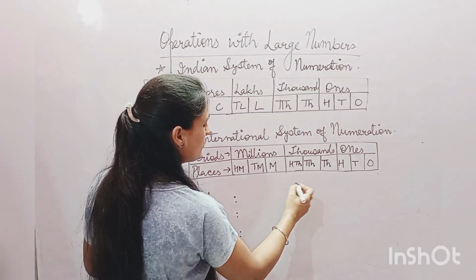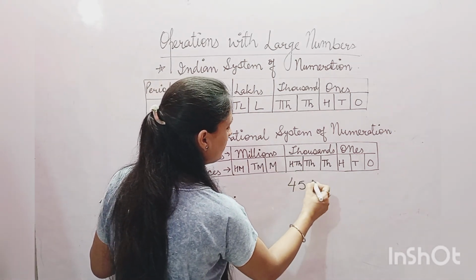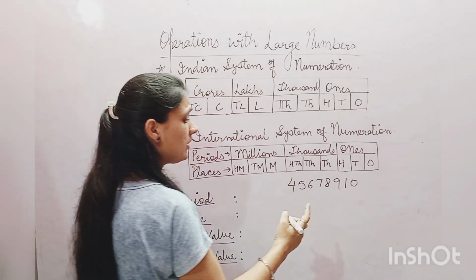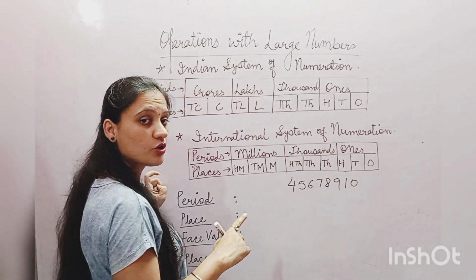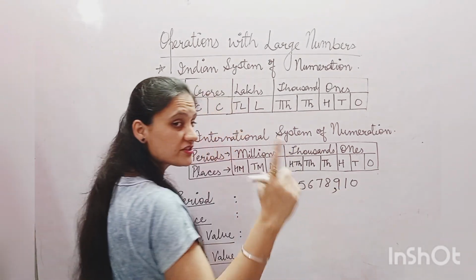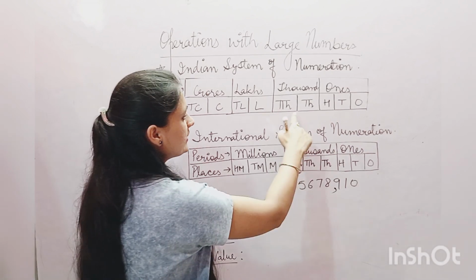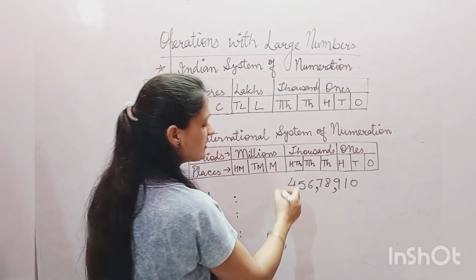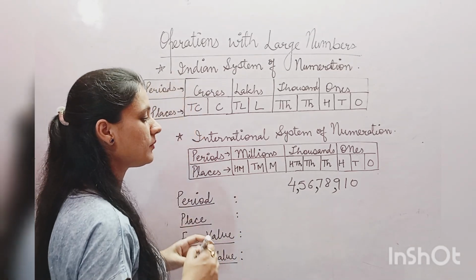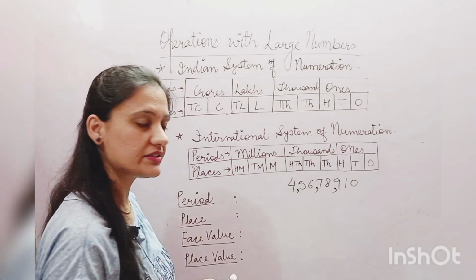If suppose I give you one example, I write down one number 4, 5, 6, 7, 8, 9, 1, 0, right? Now, if somebody asks us to put the comma according to Indian system, we leave three places, because in first period there are three places, in second period there are two places, and in third period again there are two places. So we used to put comma like this. This is in Indian system.